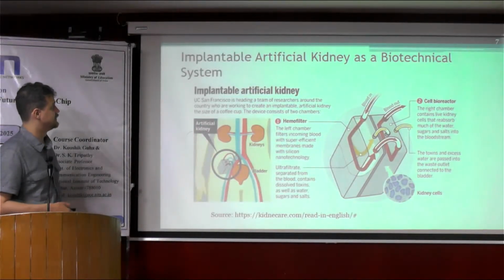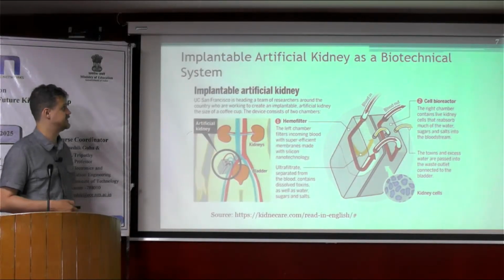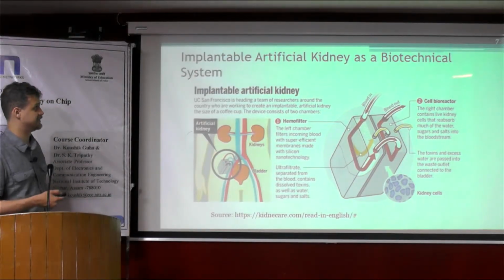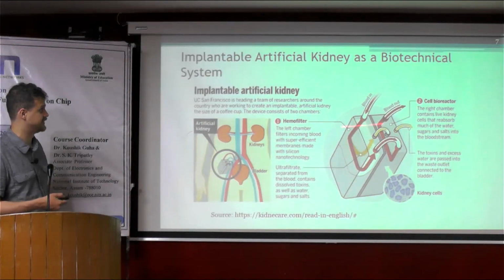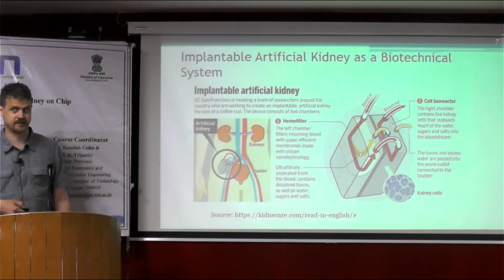And why exactly it would be preferable to have a digital twin for the implantable artificial kidney, in the case of a biotechnical system? Well, first and foremost, we have to make sure that there are no malfunctions within the kidney.